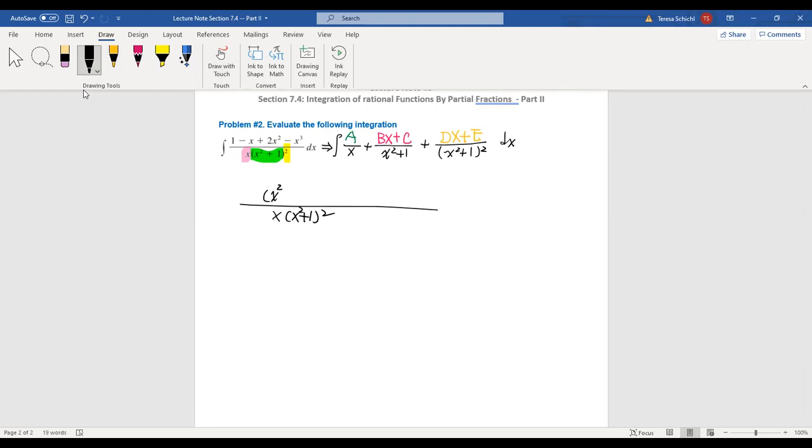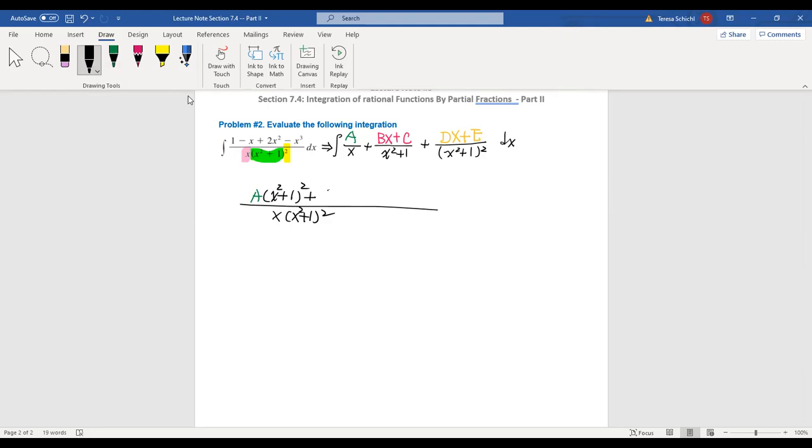So the a term gets x squared plus 1 to the square, that is my a constant here. And then plus bx plus c.